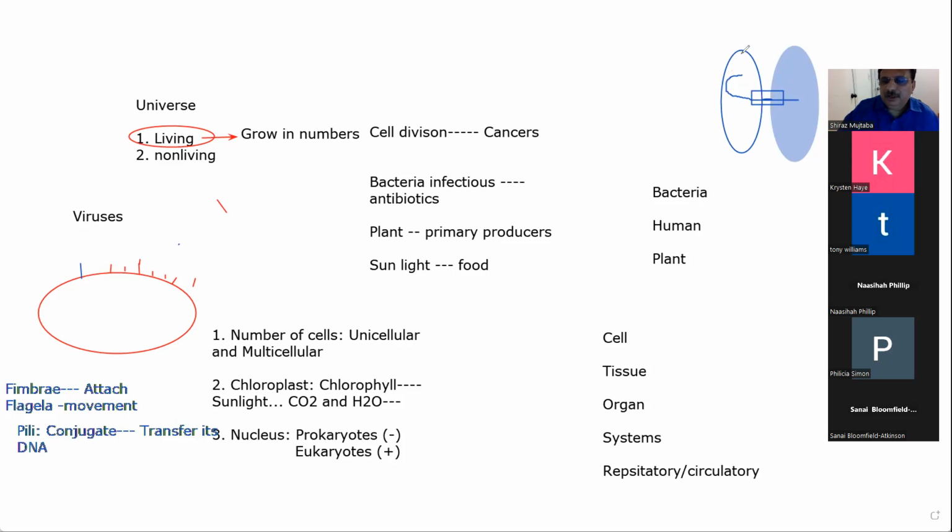So hypothetically, it becomes a male bacteria, and this becomes a female, but there's no well-formed sexual organ that one can distinguish between a male and a female bacteria.